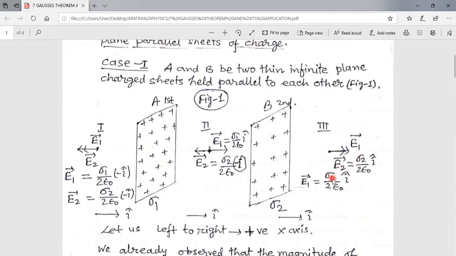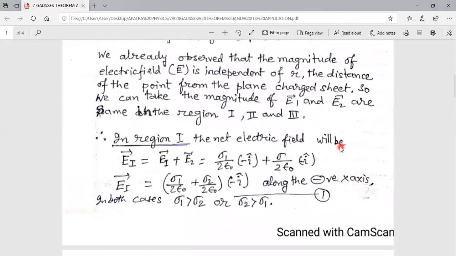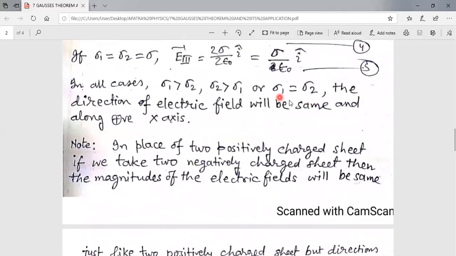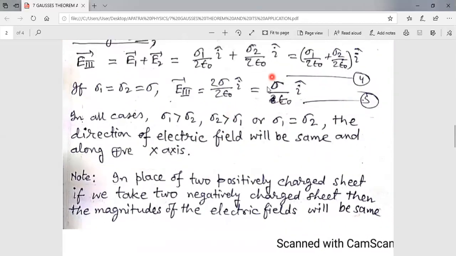In this case also, for sigma 1 and sigma 2, if both are positively charged, there may be either sigma 1 greater than sigma 2 or sigma 2 greater than sigma 1, the direction will always be from left to right, along this direction. And in the third region, when sigma 1 equals sigma 2, the direction of electric field will be the same, but the value will be sigma divided by epsilon naught.